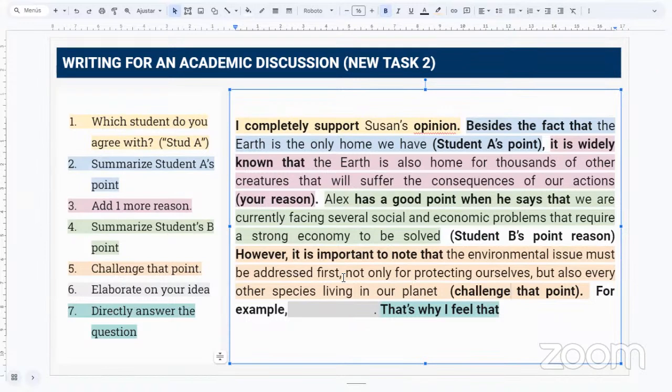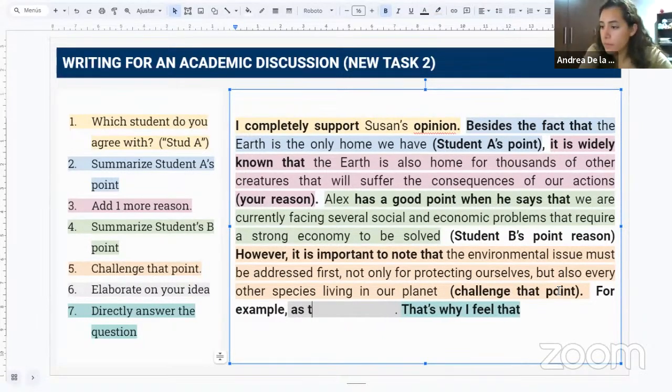Maybe that the temperature is getting hotter, and the woods are burning. Right?